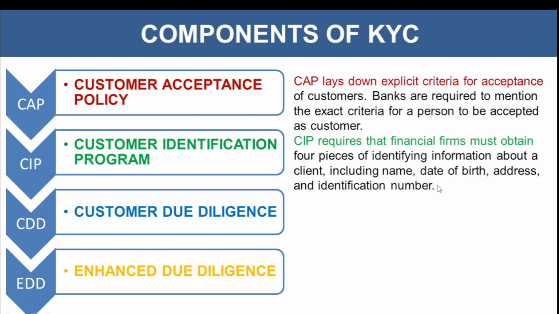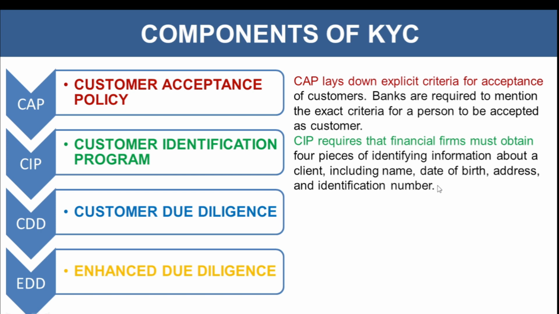Once you have provided all these, banks will be able to identify the information related to you, whether it is your name, your date of birth, your address, and they would provide you a unique number, which we also call customer identification number or customer ID.